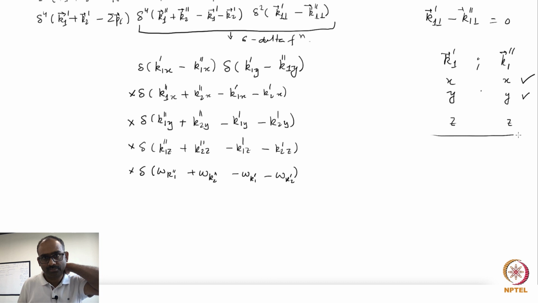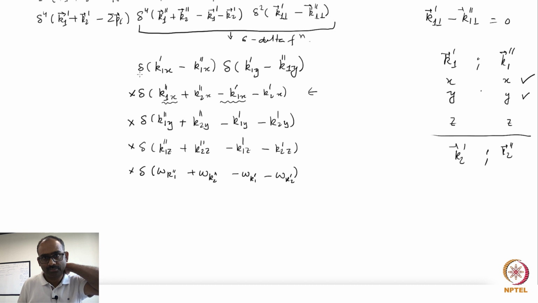Now let's look at K2 prime and K2 double prime. Okay. How about them? So if you look here in this delta function, you have K1 prime x minus, there is an issue of sign. No, fine. K1 double prime x is here, minus K1 prime x is here.